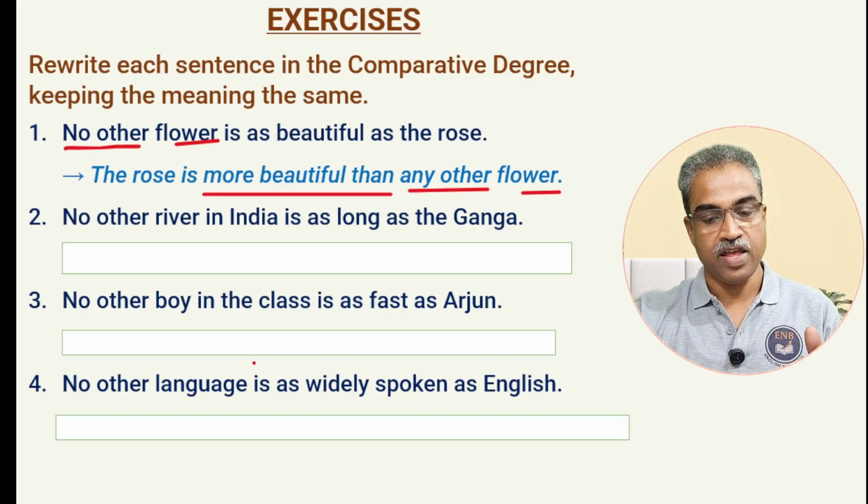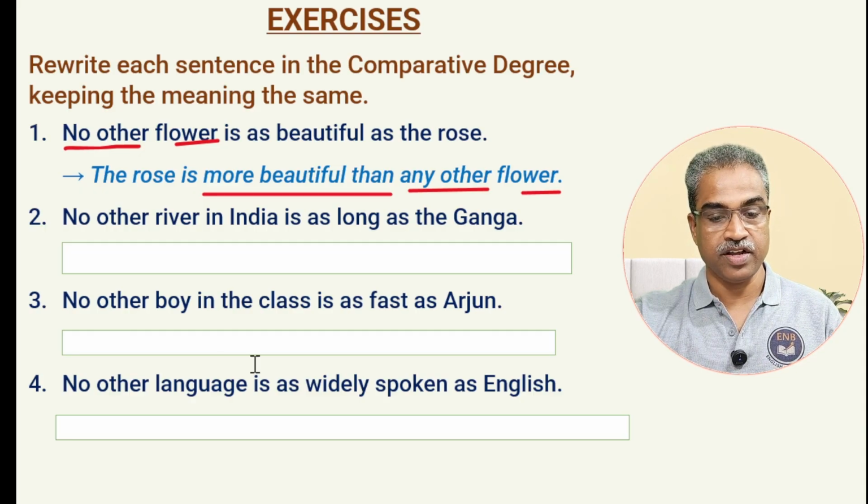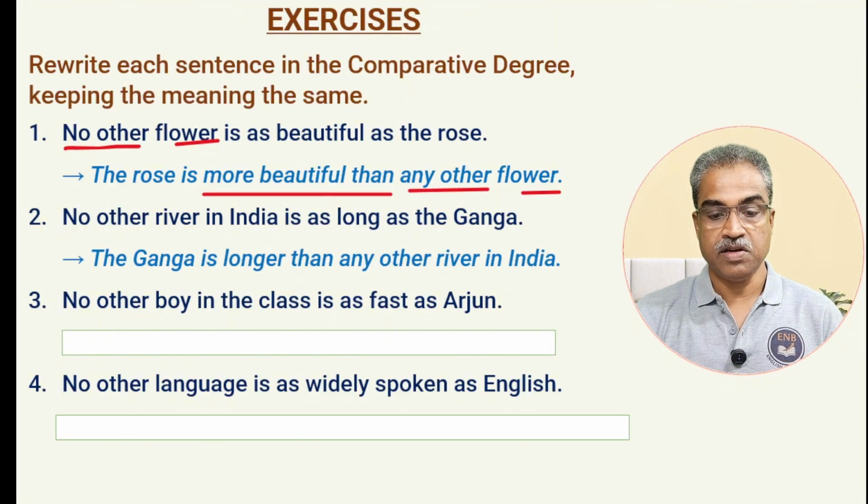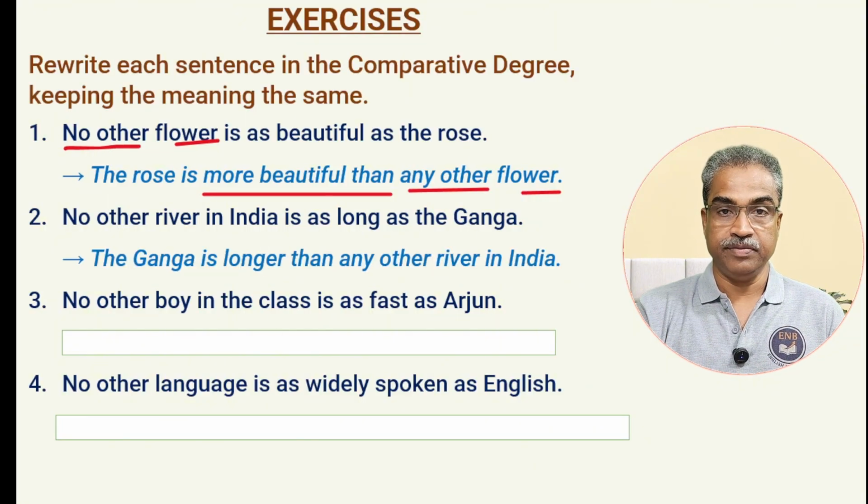The Ganga is longer than any other river in India. Is it the one? Let us check and see. Yeah, the Ganga is longer than any other river in India. So no other, we start for positive. Any other towards the end in the comparative form. Are you getting it? I hope so.